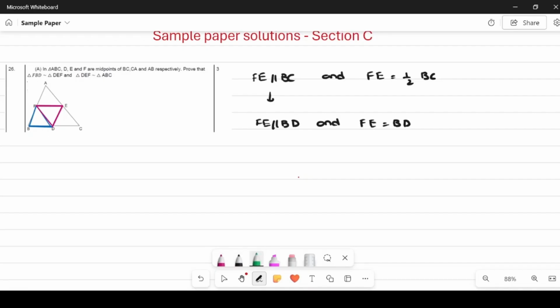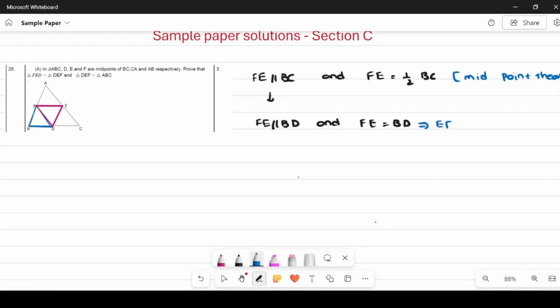So this is from the midpoint theorem. Okay, so since FE is parallel to BD and FE is equal to BD, in a quadrilateral, if one set of opposite sides are both parallel and equal, it is a parallelogram.